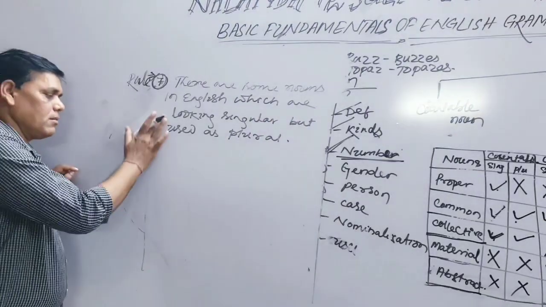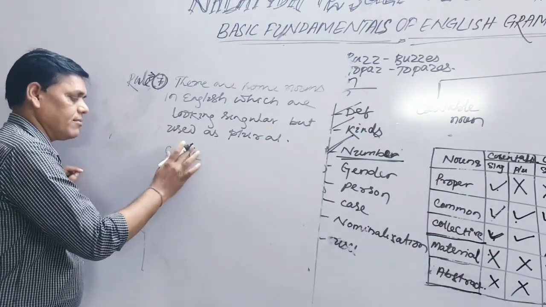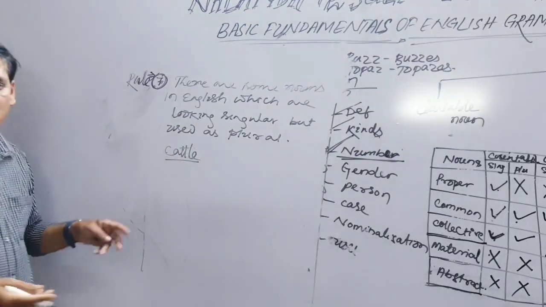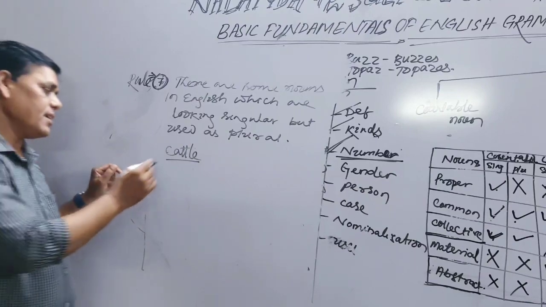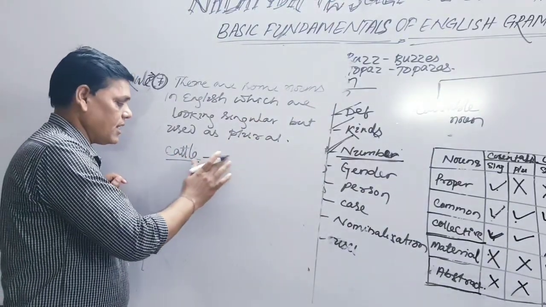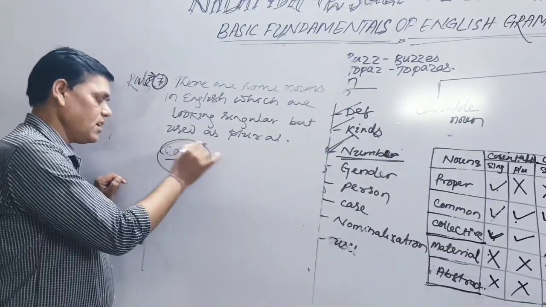For example, cattle. Cattle is purely plural. More than one animal as a group is called cattle. But we can't say cattles. It looks singular but is used as a plural.